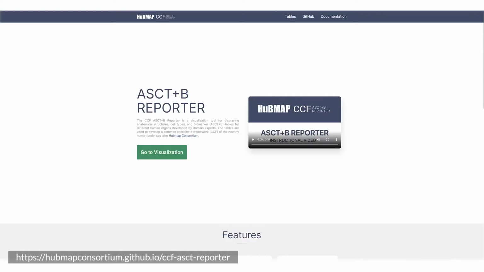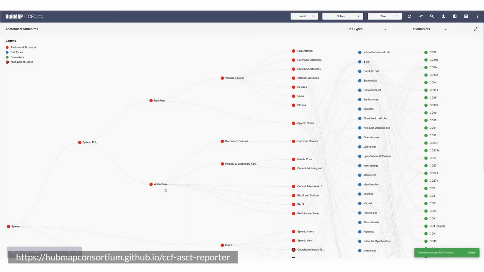ASCT plus B tables are complex. In fact, each table represents a partonomy tree and 2 bimodal networks. To help experts author these tables and reviewers review them, we implemented the ASCT plus B reporter visualization.